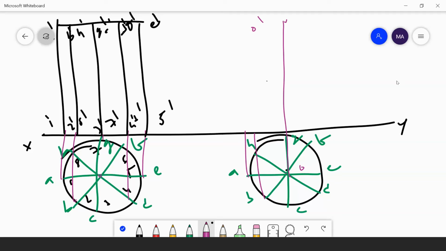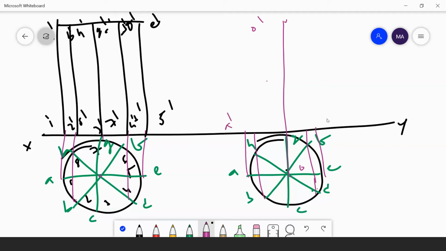Now is it clear? Whatever the height you are considering, it will be above the reference line. Understand? When I am projecting it upward, I am projecting this point upward up to the reference line. Here I will get a point.